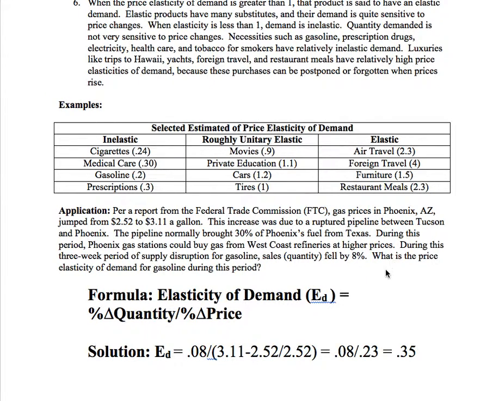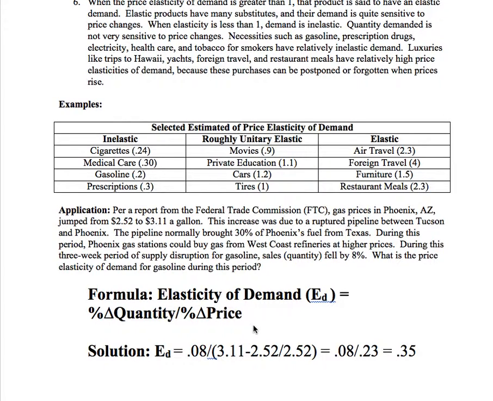And then I'm asking, okay, what is the price elasticity of demand during this period? So this is the basic formula. Elasticity of demand, where we can determine what our coefficient happens to be, is the percentage change in quantity divided by the percentage change in price.